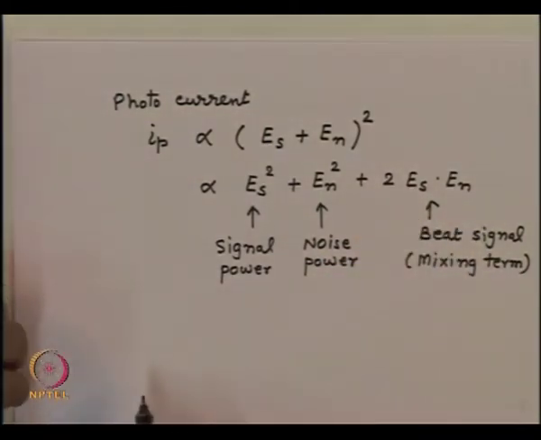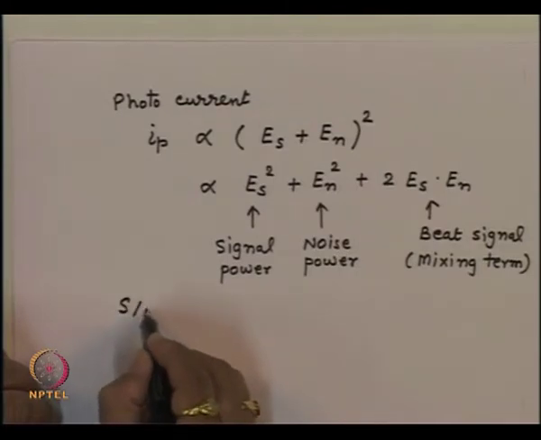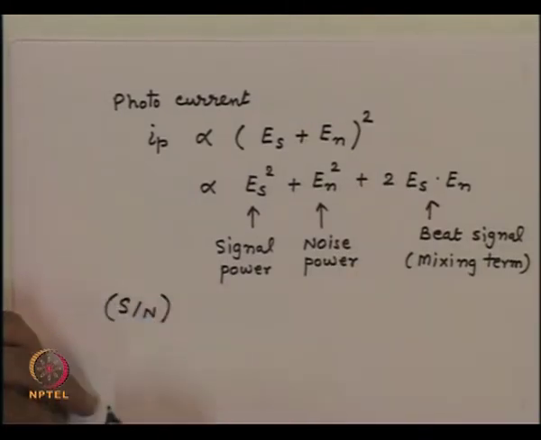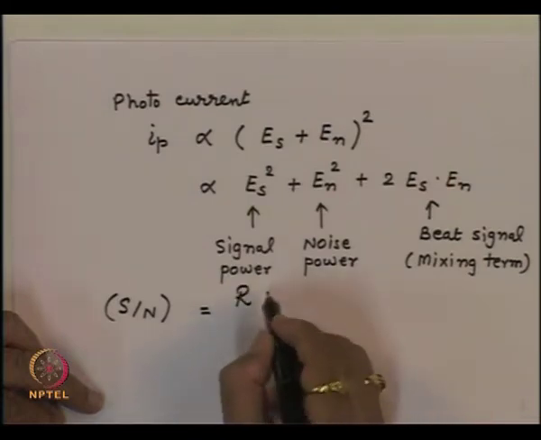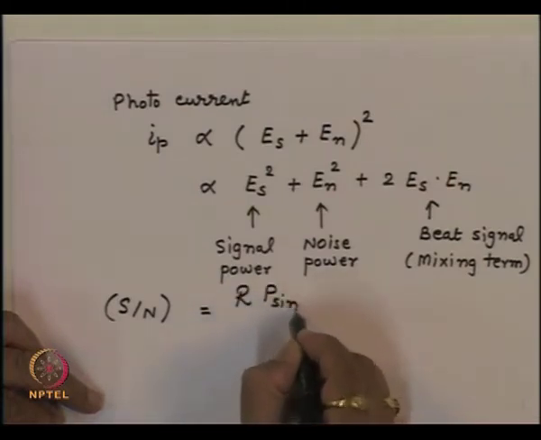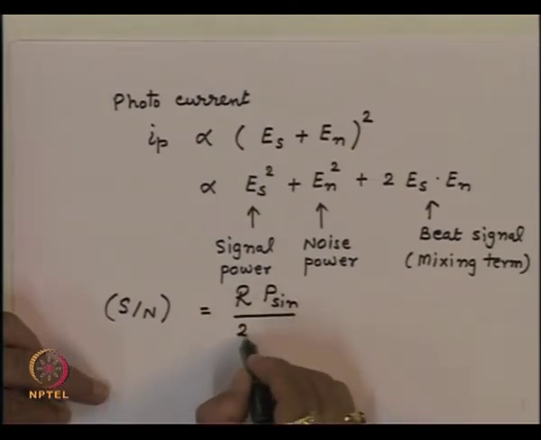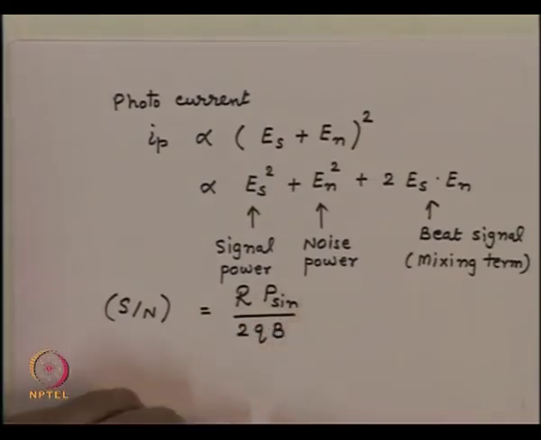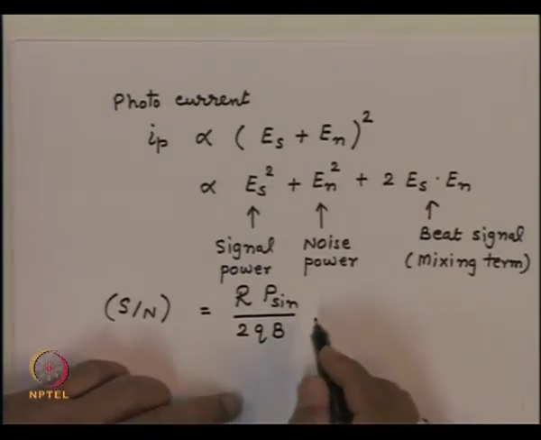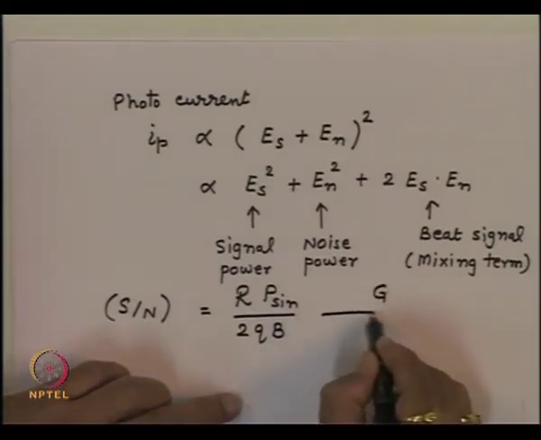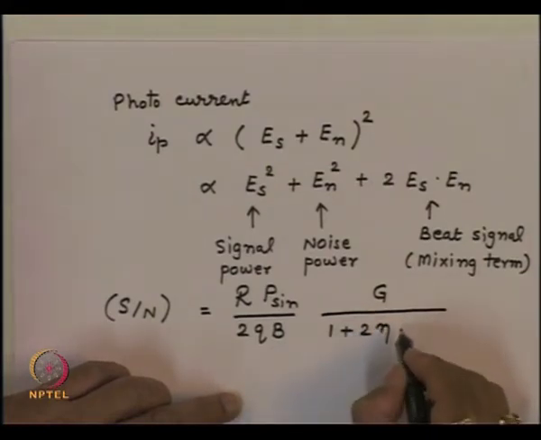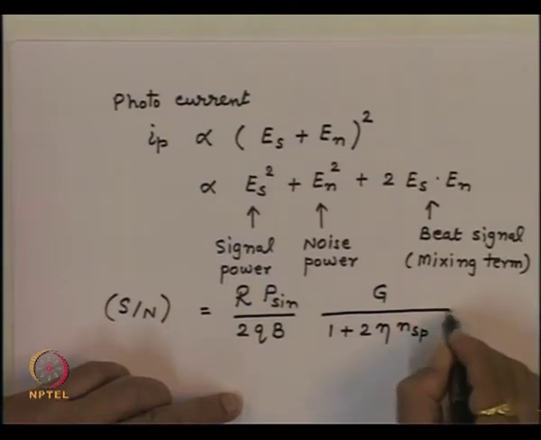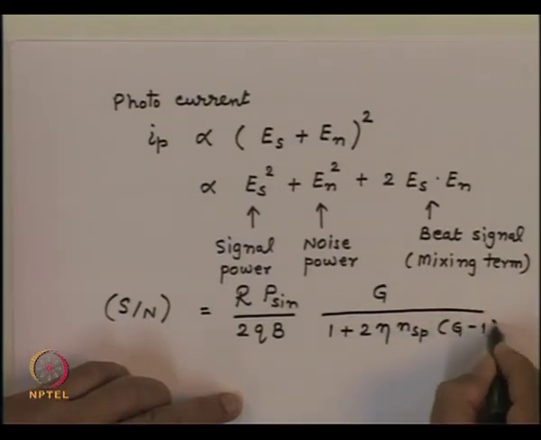If we put all together, then we can write down the signal to noise ratio of this amplifier, and that will be given by R, the responsivity of the detector, times P signal input, divided by 2qB, where q is the charge and B is the bandwidth of the receiver, multiplied by G upon 1 plus 2 eta NSP into G minus 1.